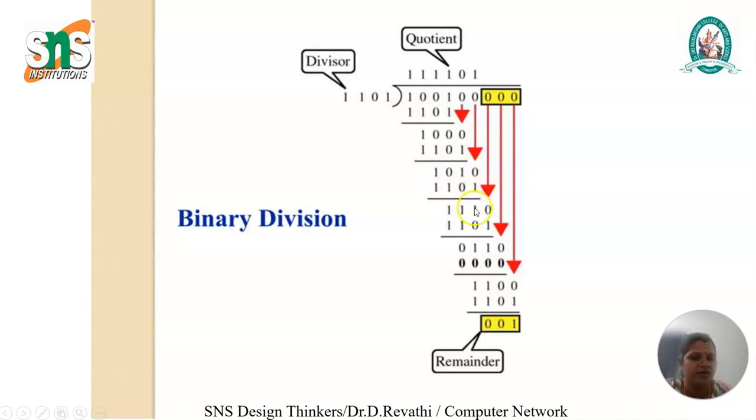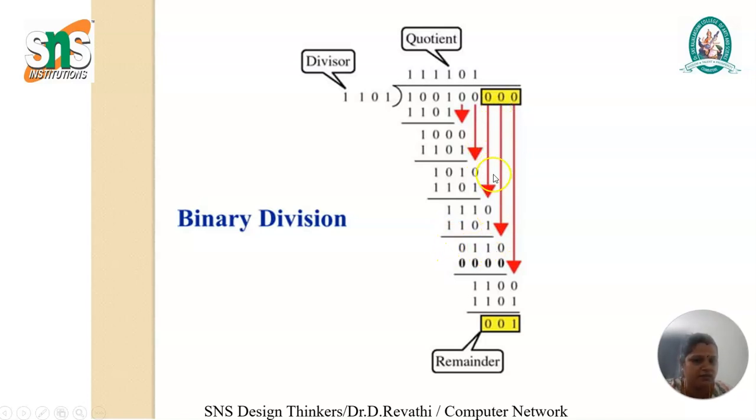In the same way, 10 minus 1 is 1, and 1 minus 0 is 1, and here also 10 minus 1 is 1. We bring down another 0, and it is divided with the same 1101. 10 minus 1 is 1, 1 minus 0 is 1, and 1 minus 1 is 0, and here also 1 minus 1 is 0.